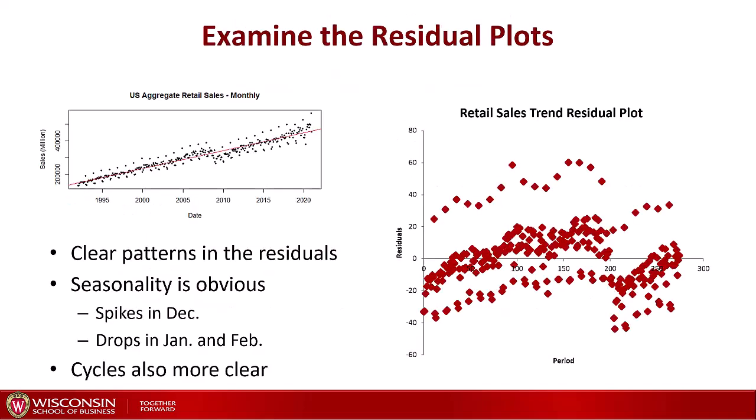So what happens if I take the US aggregate retail sales data and I fit a linear trend line, a linear model, to it? Well, I can see that the model fits the data pretty well on average. And I can take the residual from that model, the difference between the observed value and the line, and plot the residual on the right. We can see that we still have patterns in the residual.